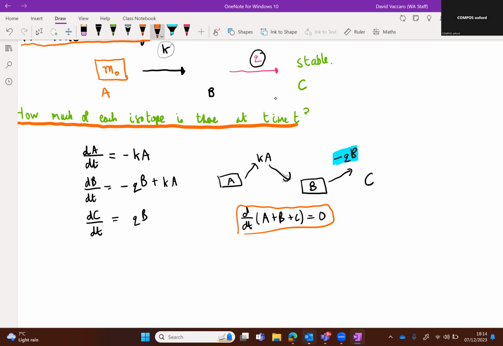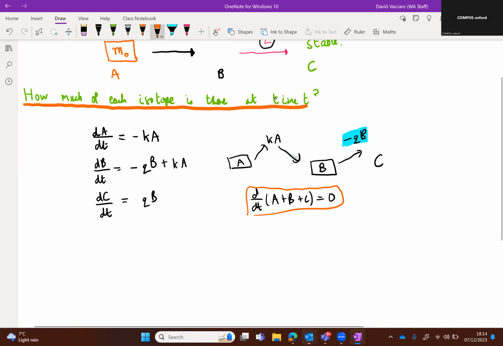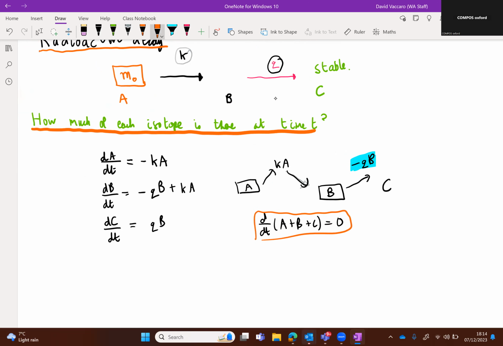How do we now go about solving this system of differential equations? There should be leaping out at you a differential equation amongst these which should be easy to solve. Let's see if anyone is awake, alert, listening.